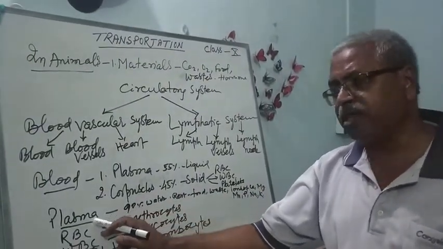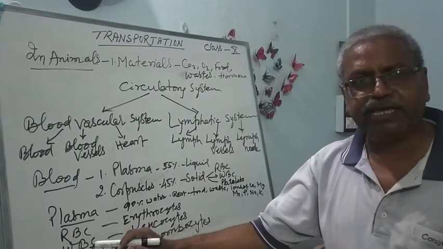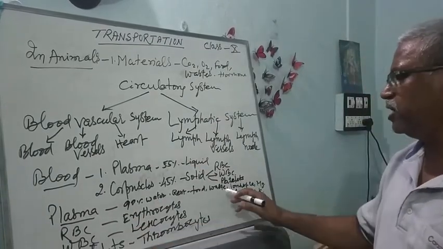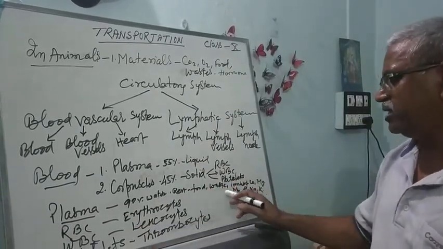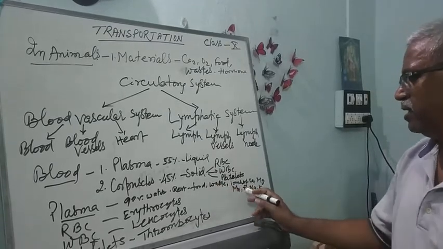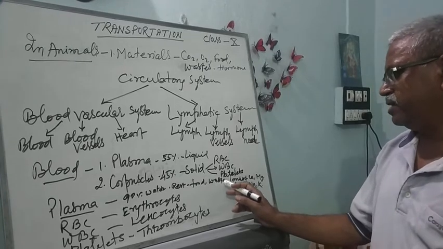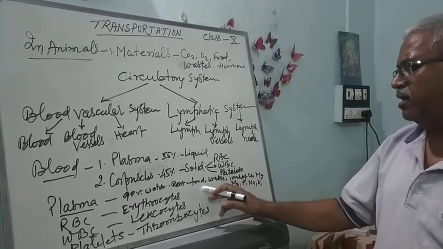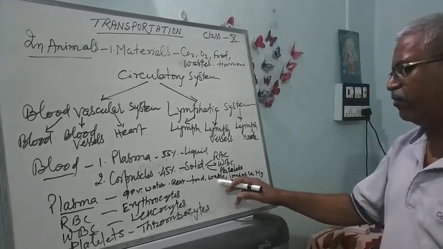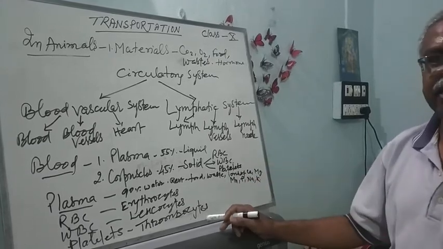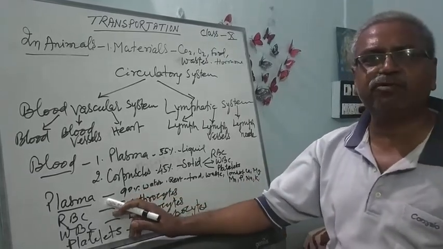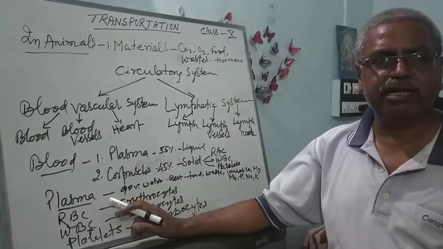The function of the plasma is transportation of gas, particularly carbon dioxide, and transportation of food and waste materials. It also helps in thermoregulation of the body.